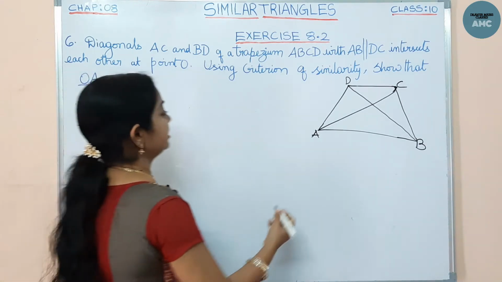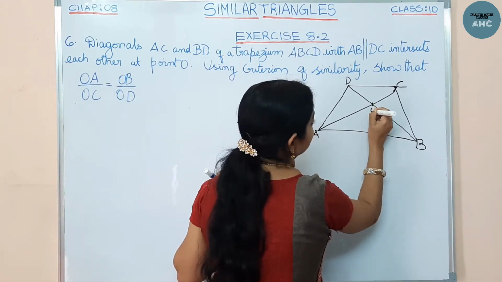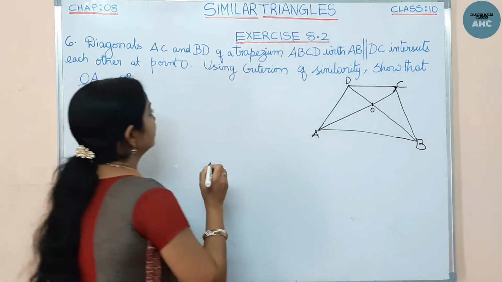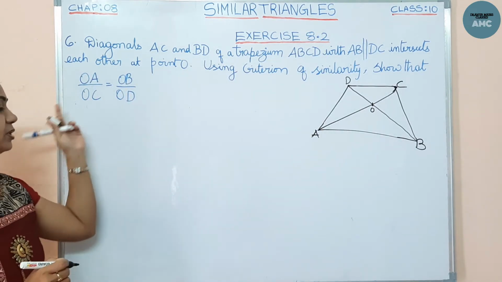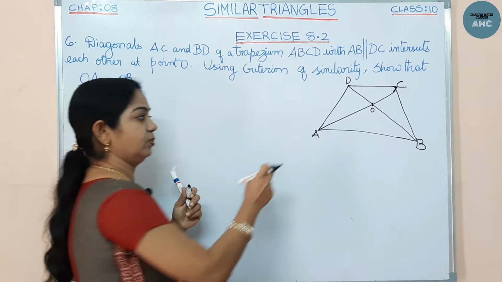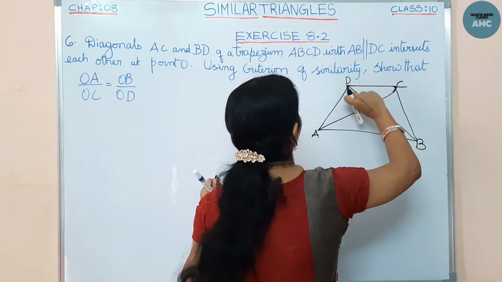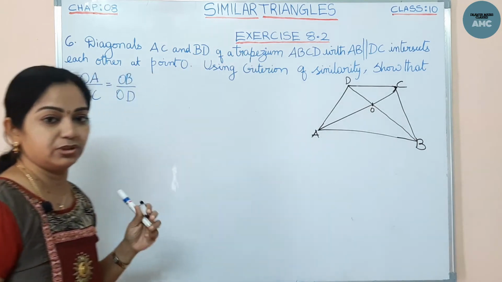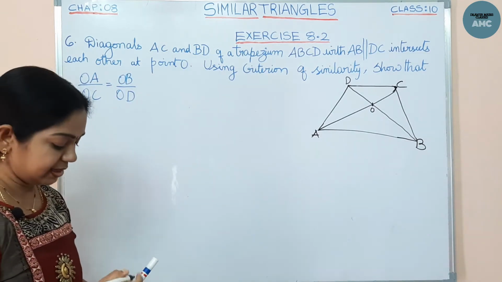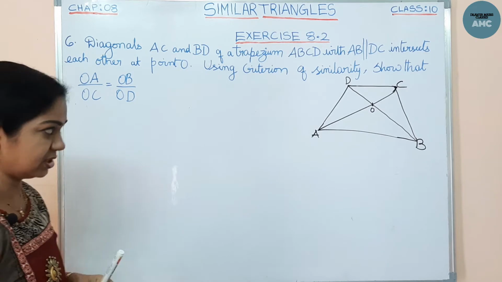They intersect each other at O, isn't it? Now, using the criterion of similarity, show that OA by OC is equal to OB by OD. These we have to show with the corresponding sides. Let me do one construction here.